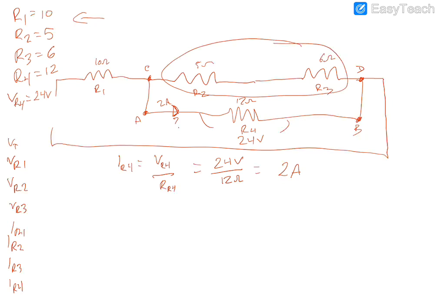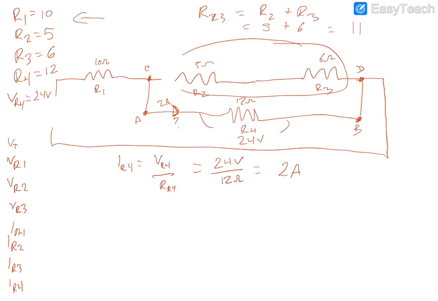R of 2,3 is equal to R2 plus R3. So 5 plus 6. That's a 5, not an 8. Which equals 11.